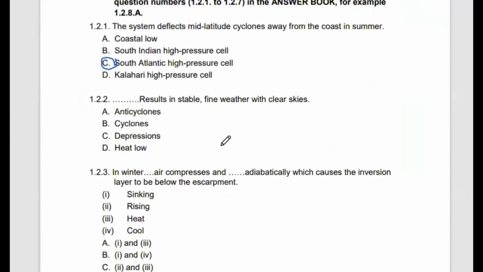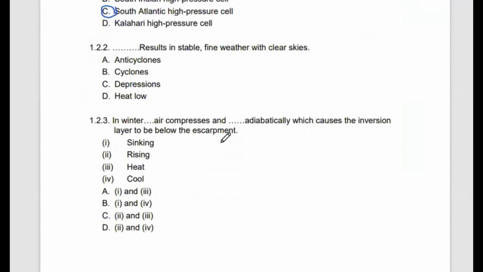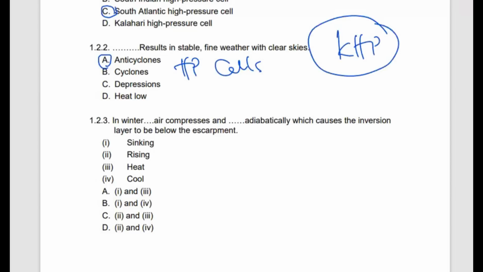Right, let's go on to the next question. The next question is saying dash results in stable, fine weather with clear skies. Clear weather with fine skies, we find them typically associated with anticyclones, which are high pressure cells. For example, if the Kalahari high pressure cell dominates over the interior during the winter season, we know very well that we have fine weather and clear skies.